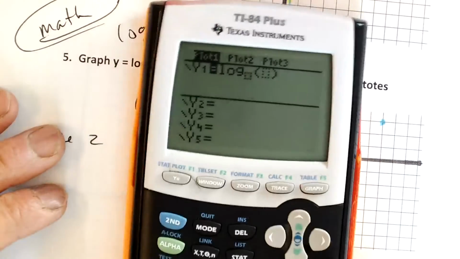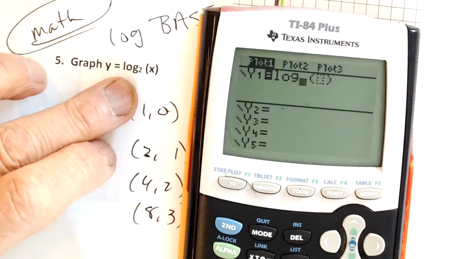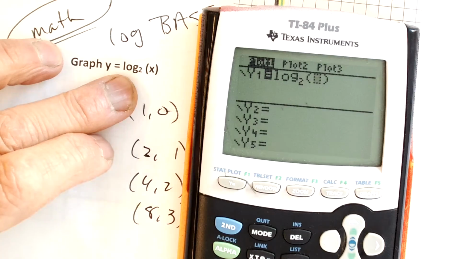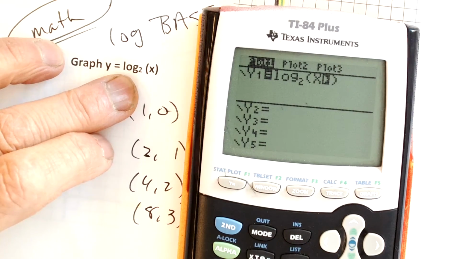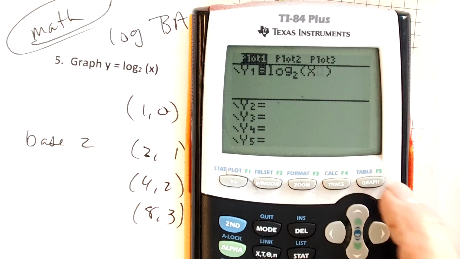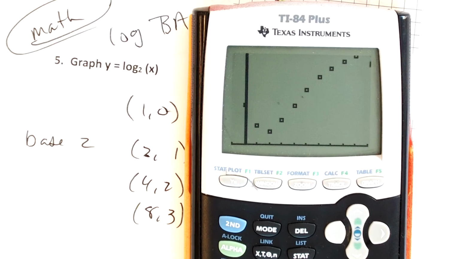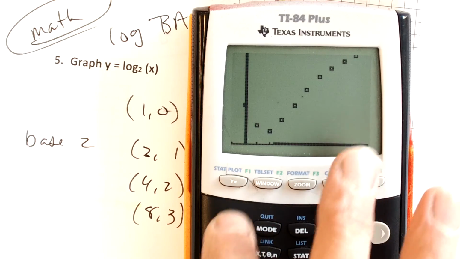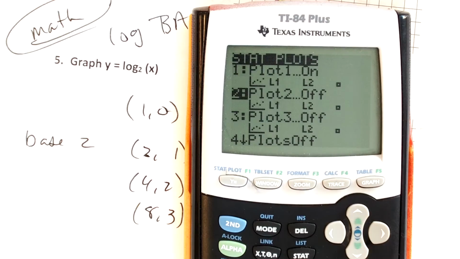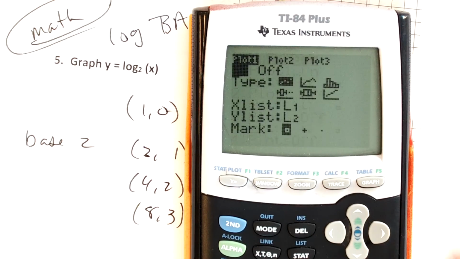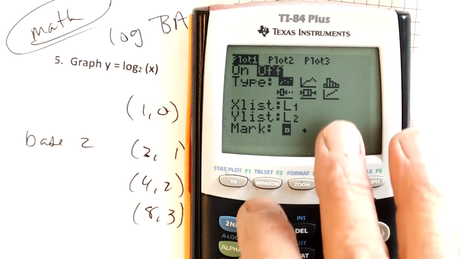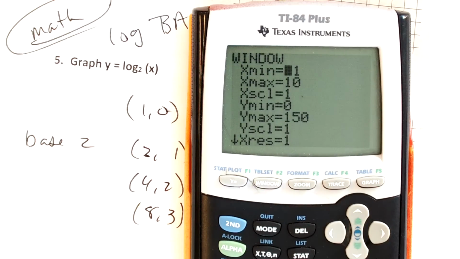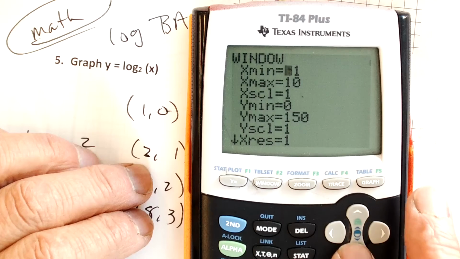Awesome, okay. So we'll go log base 2, and we'll go over to the X button. Thanks, Antonio. And we should be able to graph it. Oh, you got a scatter plot on yours. That's right, I'm going to change your window. And I'm going to get rid of your scatter plot. Scatter plot on, off, window. I'm going to go -1 to 10.